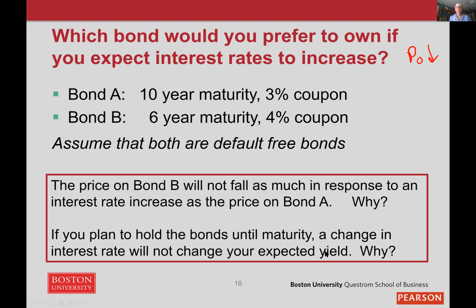So you're not impacted if you hold it to maturity. The reason you're impacted if you sell it early is that now your final future value is whatever price you sold it at, and that price was impacted by the change in interest rates. If you hold it to maturity, your final cash flow is the face value, and it just is what it is. That's what's in the bond certificate.